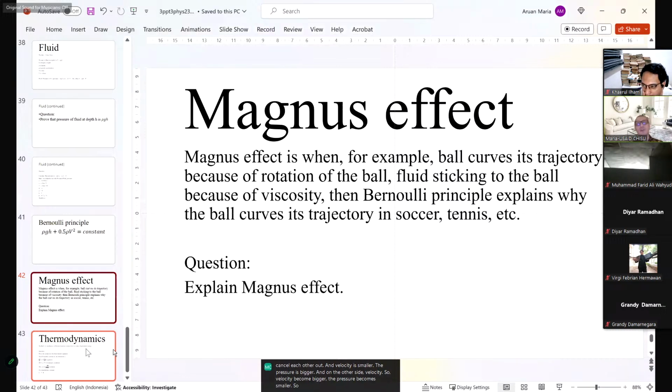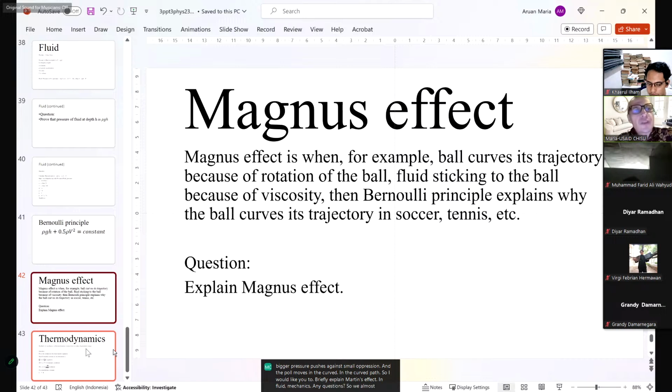Therefore, bigger pressure pushes against smaller pressure, and the ball moves in a curved path. So I would like you to briefly explain the Magnus effect in fluid mechanics. Any questions?